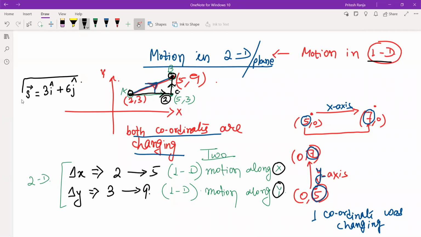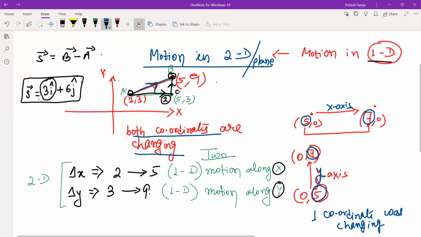We have seen the way to find out displacement. What was the way? Just take the final position vector and subtract with the initial position vector. So now if you observe 3i cap, what it is showing us that displacement vector is involving 3 units of movement along x, 3 units of movement along x and 6 units of movement along y.